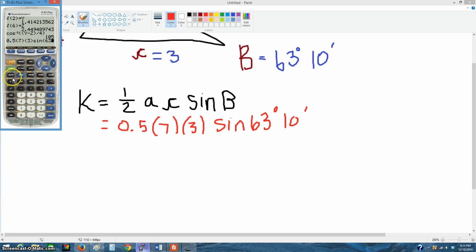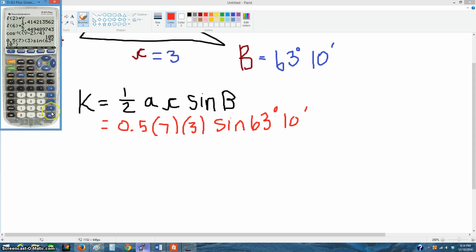Then I'm going to press the second button, and I'm going to press the button that says apps, which is somewhere around your calculator, because what I really am going to get is the angle. So you're going to press apps, and you're going to press number 1, because 63 right after that is the little degree symbol. And then I'm going to type in 10, and then go back to second, hit the apps button, and this time I'm going to scroll down to number 2, because that's my minute symbol, and press enter.